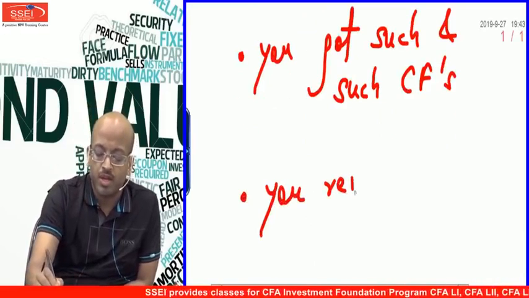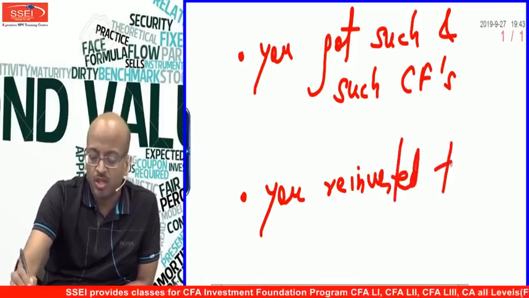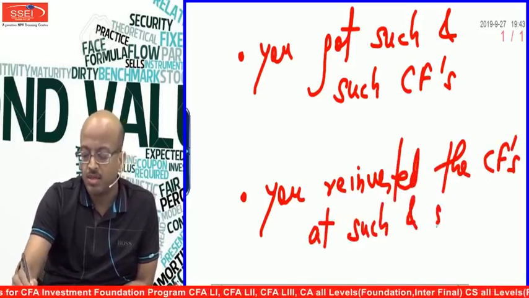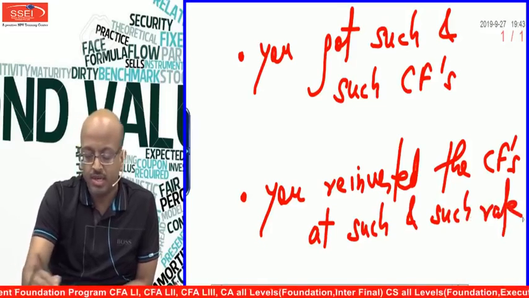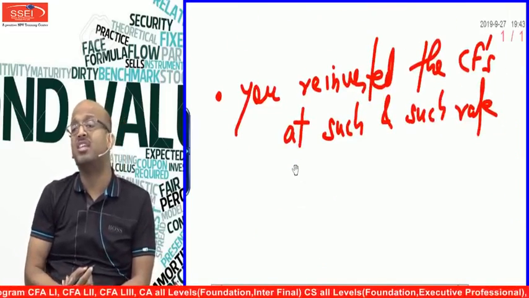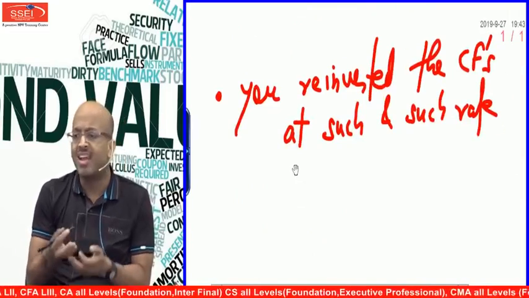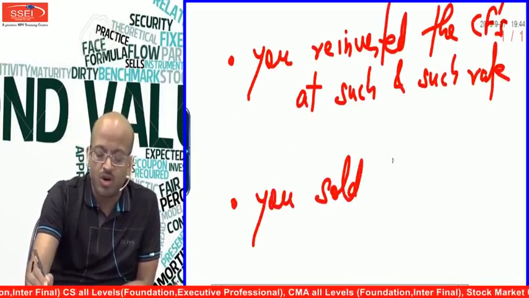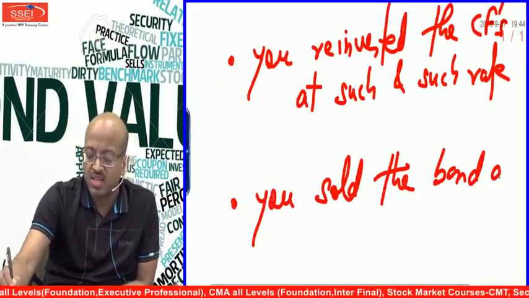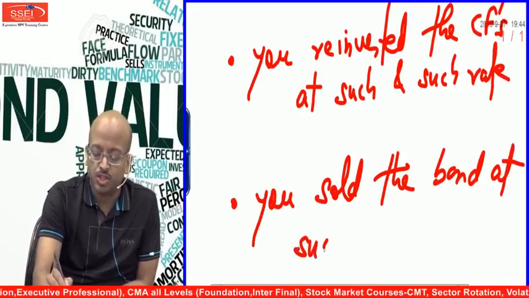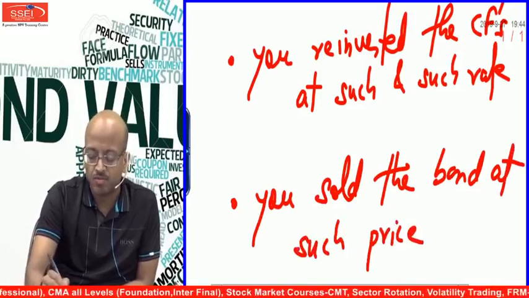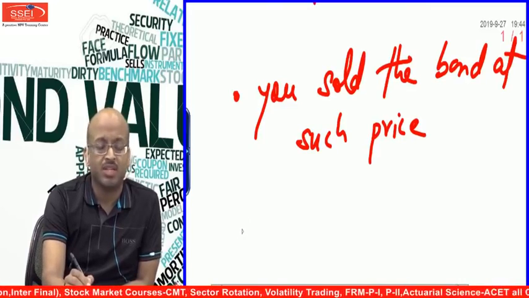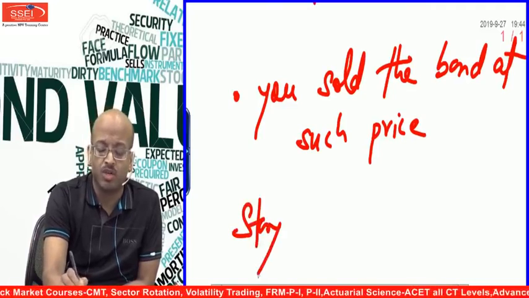You reinvested the cash flows at such and such rate. Okay, they will tell us at what rate. You sold the bond at such price. Bullets over. After that, para change. Story over.